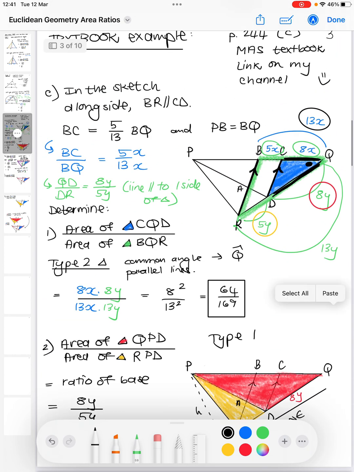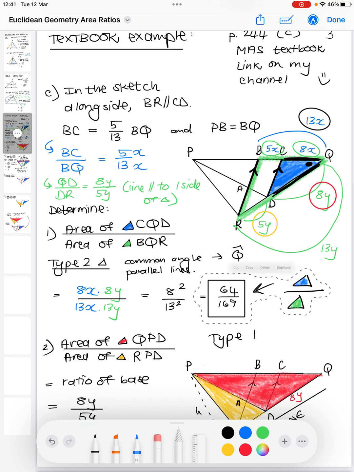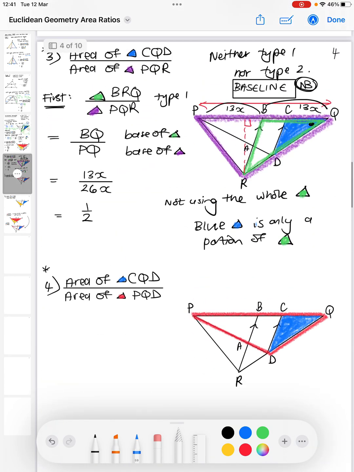Let's go back. The blue triangle over the green triangle gives us a simplified ratio of 64 over 169. So I'm going to just write this down again. This gives us the simplified ratio of blue over green. I am going to use this in the question that we are busy with.